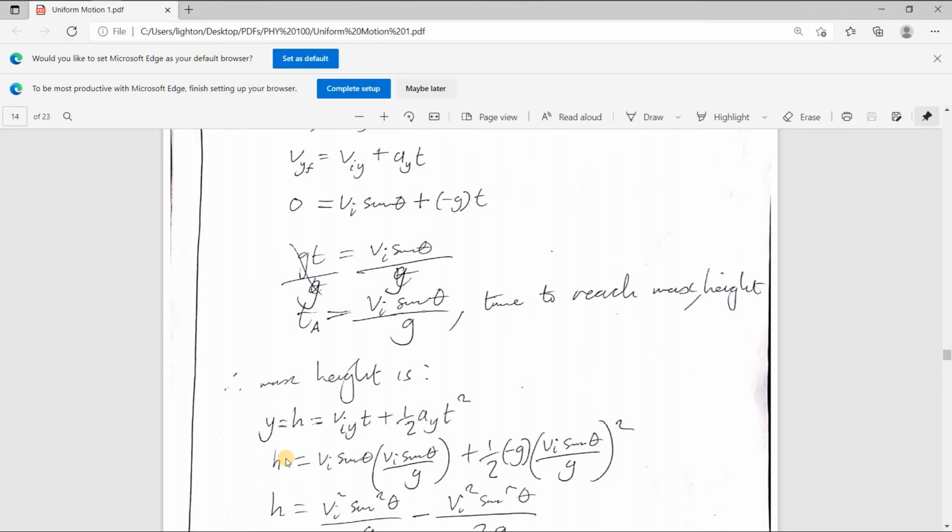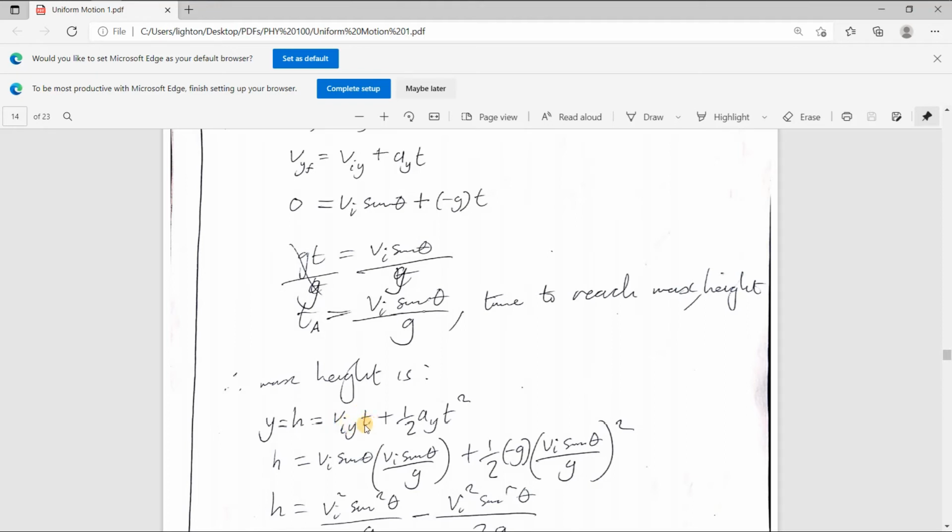Okay. So now, what do we have here? H, which is y, our height, must be equal to Viy. This is initial velocity in the y-axis, which is just that component of velocity, Vi sine theta. So Vi sine theta times time.